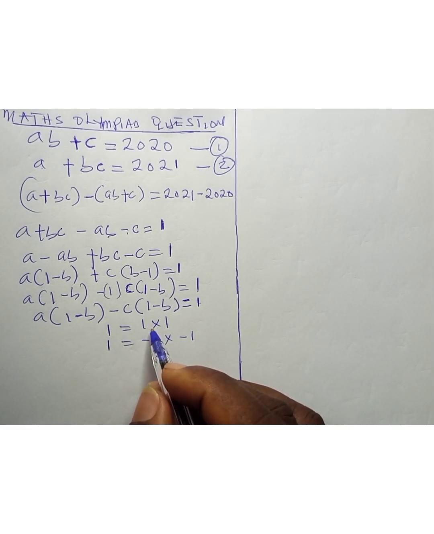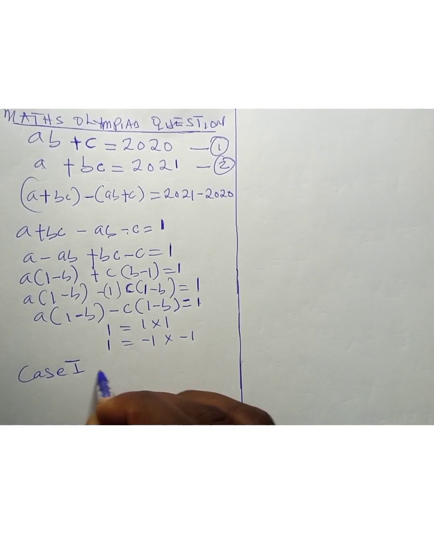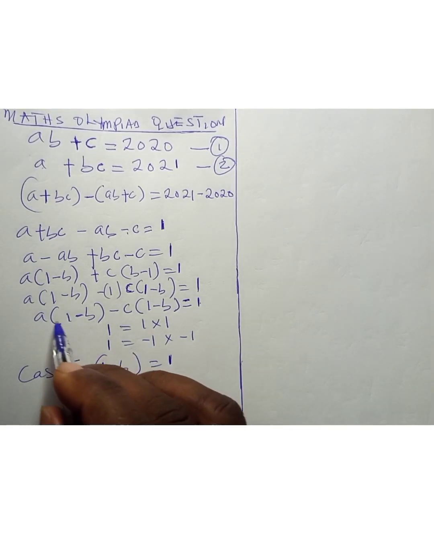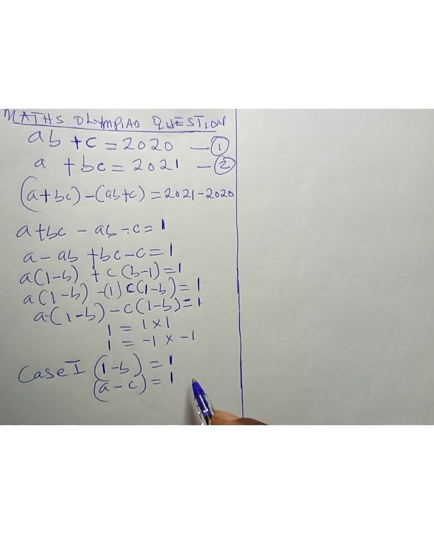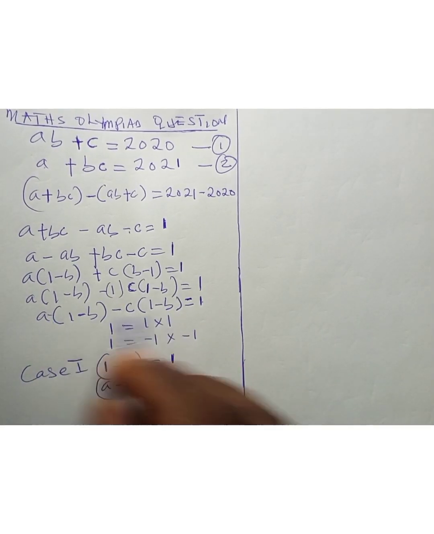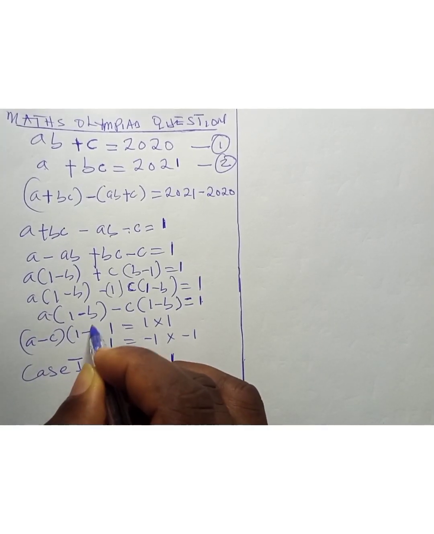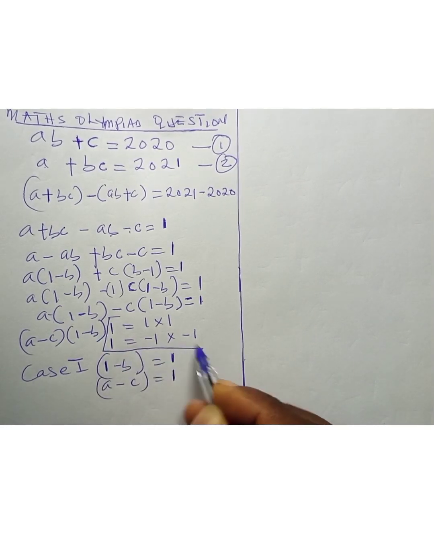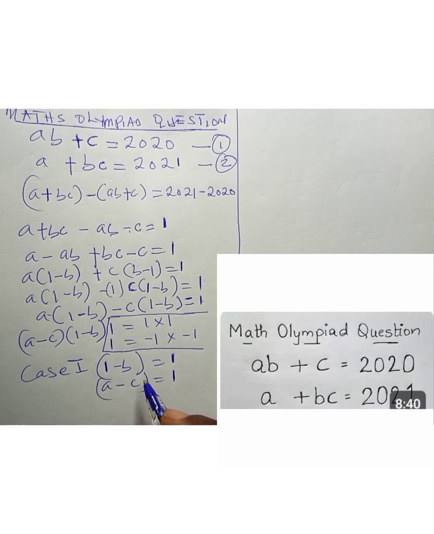In case 1, we're going to have 1 minus B equals 1, then A minus C equals 1. Because if you factor out, you are going to have A minus C, then 1 minus B. So I'm just trying to show you this.